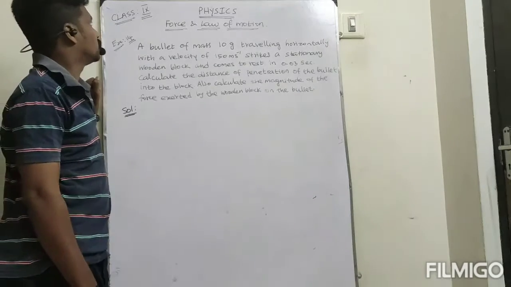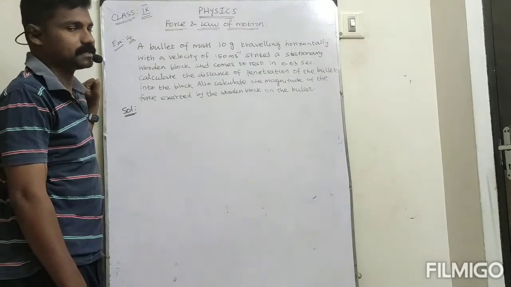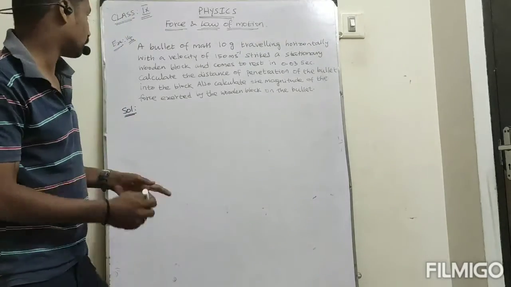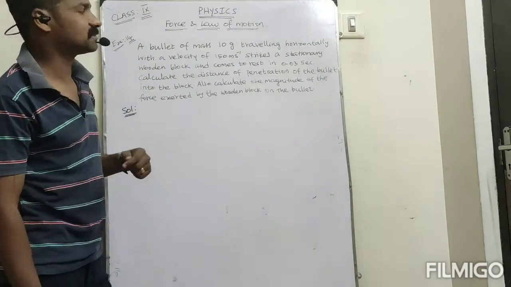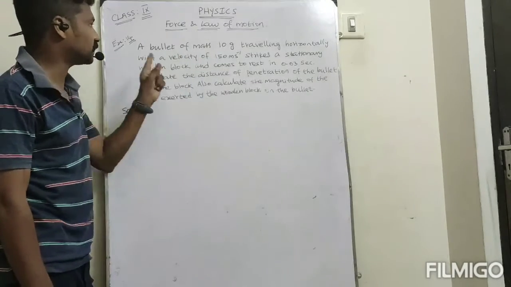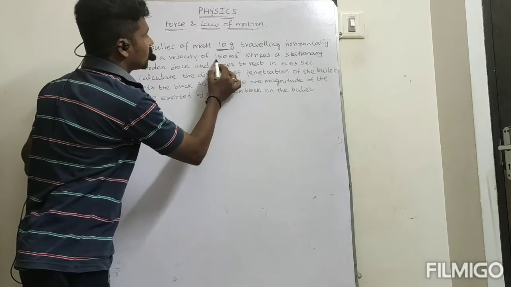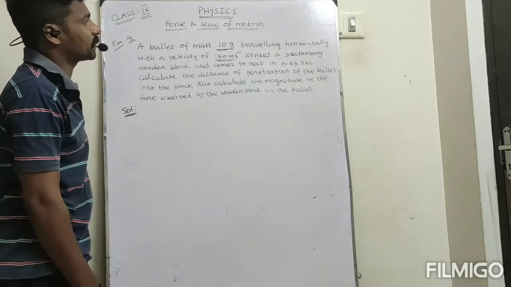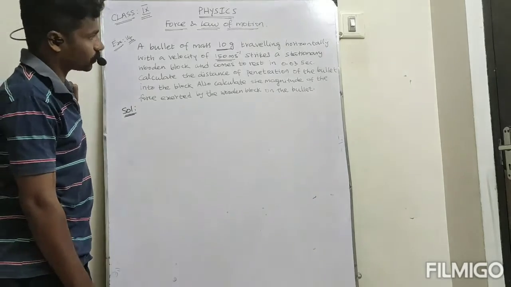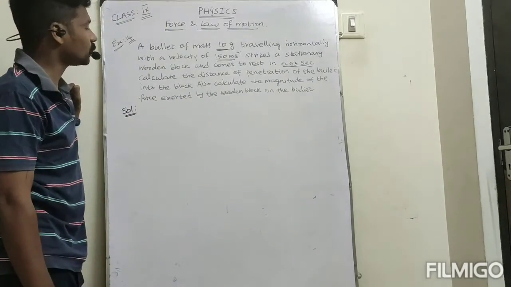Dear students, see the next one from 9th standard, Force and Law of Motion chapter, NCERT exercise problem number 14. Please listen carefully. A bullet of mass 10 gram, traveling horizontally with a velocity of 150 meter per second, strikes a stationary wooden block and comes to rest in 0.03 seconds.